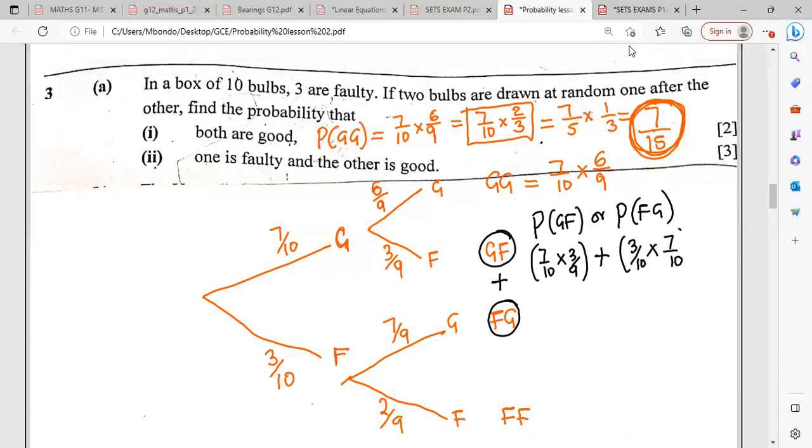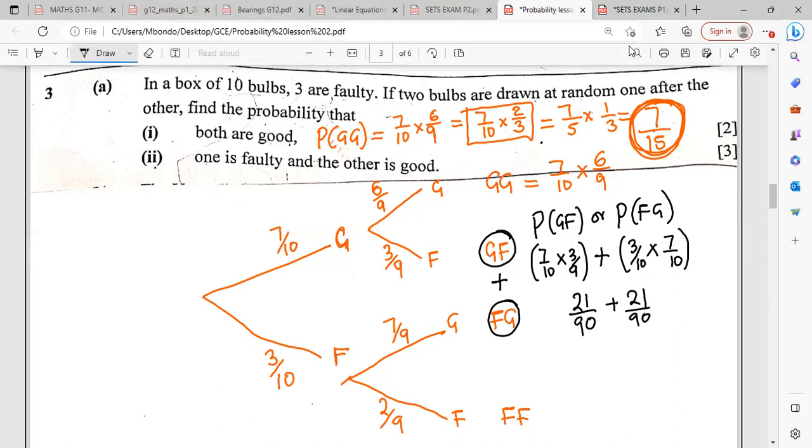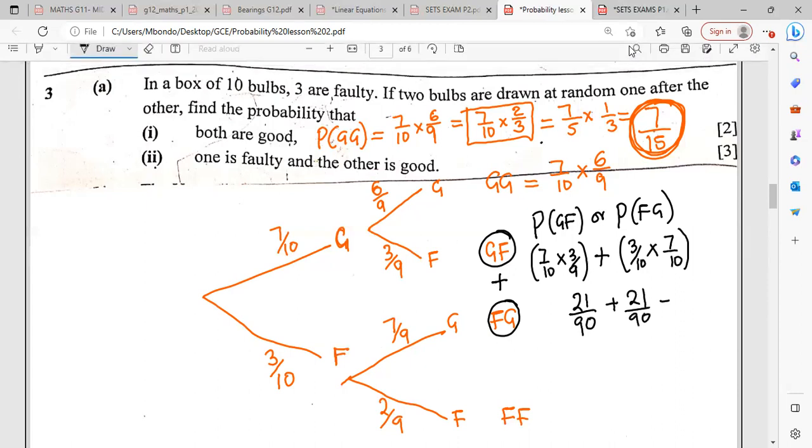I do not advise my learners to simplify at this point when you've got two different fractions to be added. So you're going to have 21 over 90 plus 21 over 90, and this is going to give you 42 over 90.